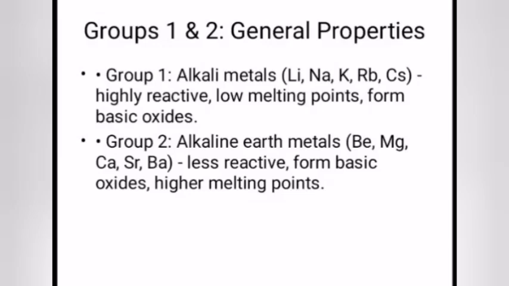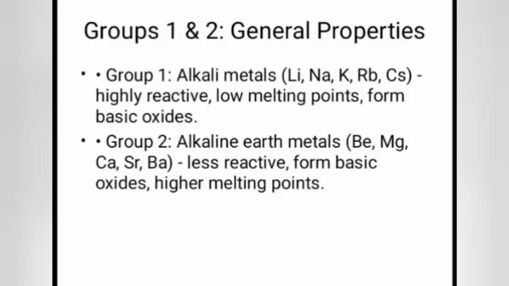Another thing I'm mentioning is how they form ions. Group one elements form a single charge ion, a singly positively charged ion. Lithium ion always has plus one. Sodium ion will always have plus one. Potassium ion will always have plus one.